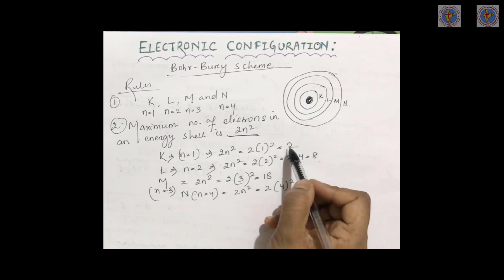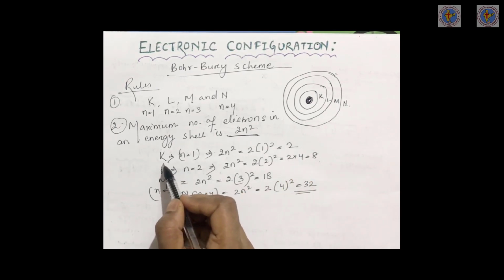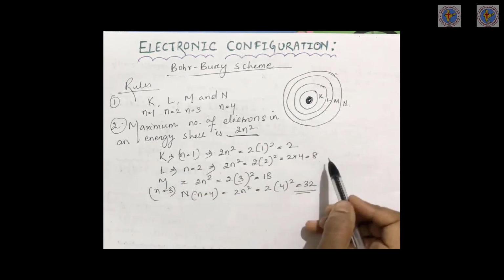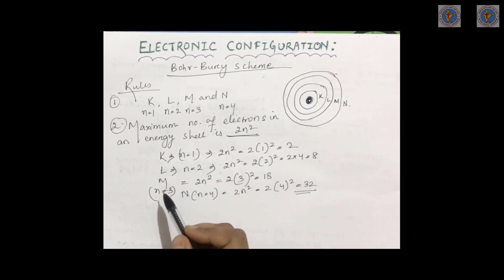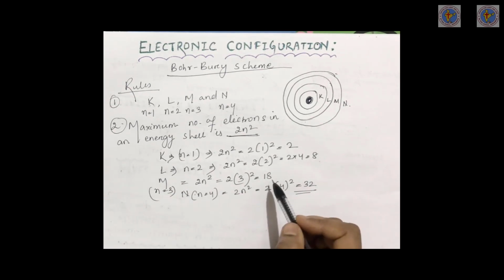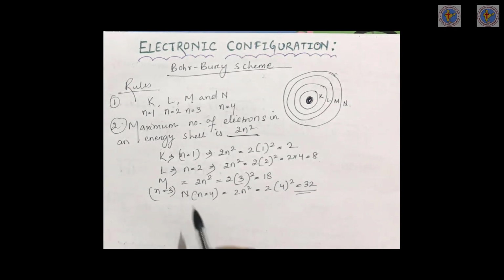So the maximum number of electrons that can be accommodated in the K shell is 2. In the L shell, the number of electrons should be 8, not more than that. In the M shell, it is 18, and in the N shell, 32 electrons.